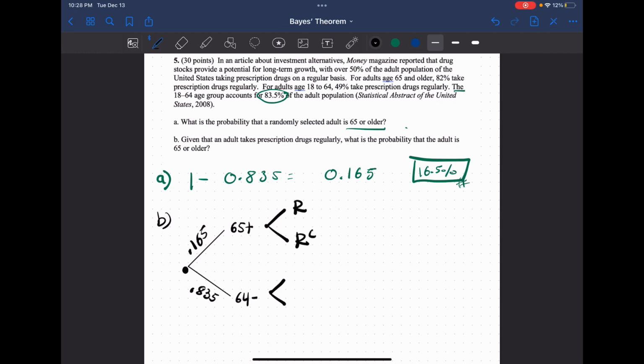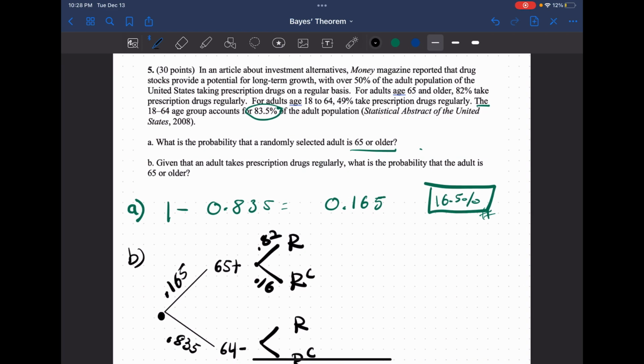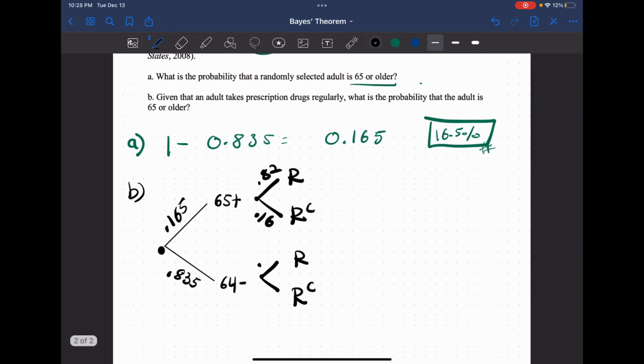That R is denoting the ones who take prescription drugs regularly, and R complement is the people who do not take prescription drugs regularly. So that is 0.82, 0.16. Note that I am just plotting the information given in the word problem. So it's best to know what you're dealing with first. So yeah, just plot it out like this, okay?